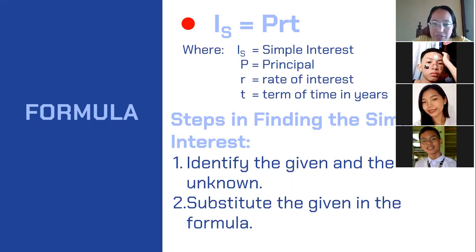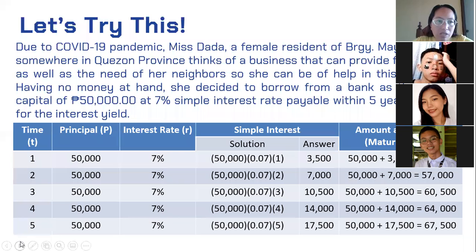So basically, these are the steps in the computation of simple interest. First, you need to identify what are given in the problem. And then secondly, you'll have to substitute from the given formula. As simple as that, diba? Okay, so I have here a sample problem which is related to what we are experiencing right now.